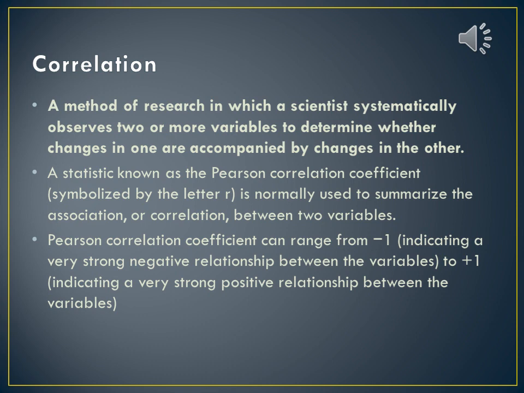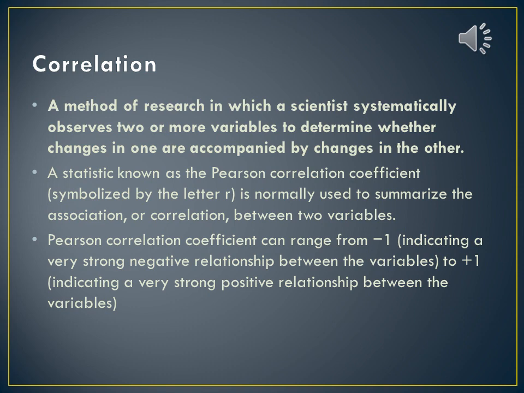A statistic known as the Pearson correlation coefficient is normally used to summarize the association or correlation between two variables. It is represented by the small letter r.